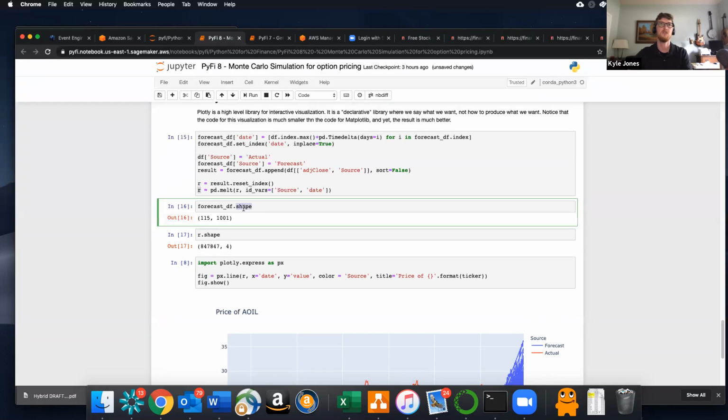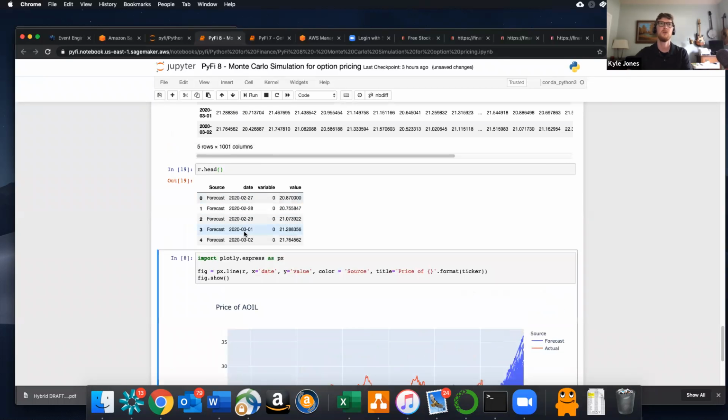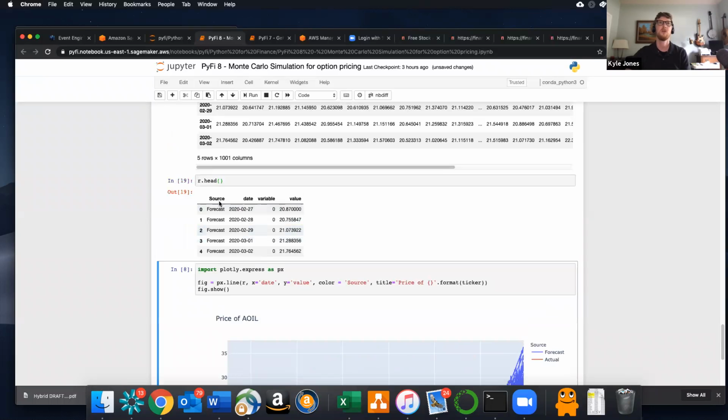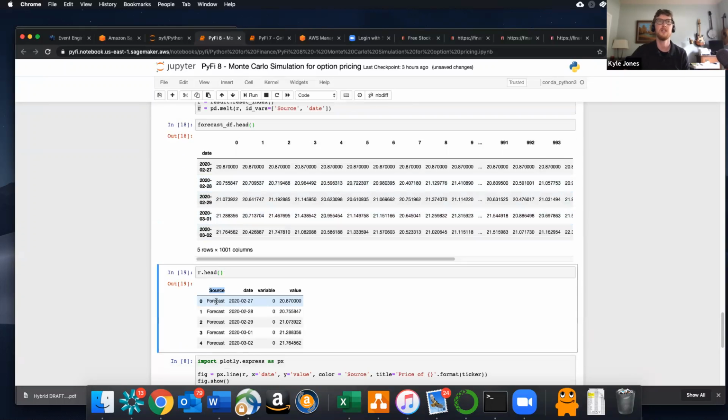We can do this a different way if we just look at the head of each of these. You can see all the different future paths. If we look at this, we have just 4 columns. The source here is telling us whether it is an actual value or a forecasted value.